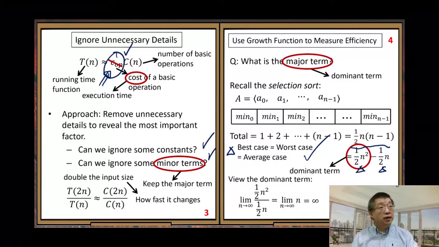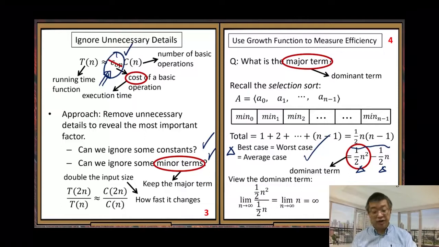In other words, because the first term dominates the second term, can we ignore the second term? Because the portion is so small, we are very comfortable ignoring the second term, the minor term. Now, let us get to the growth function concept. What do we mean by the growth function?